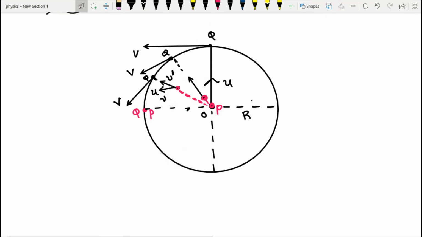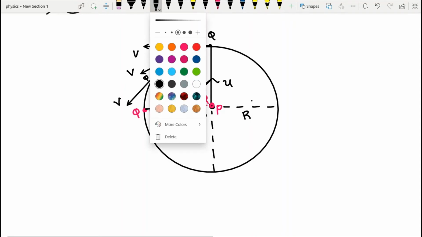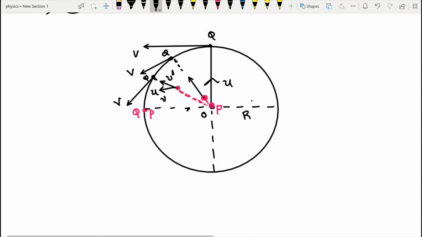So now see here, I can take this particle P, and let x comma y be the coordinates of the particle P. This is the situation, and the particle P coordinates are x comma y.